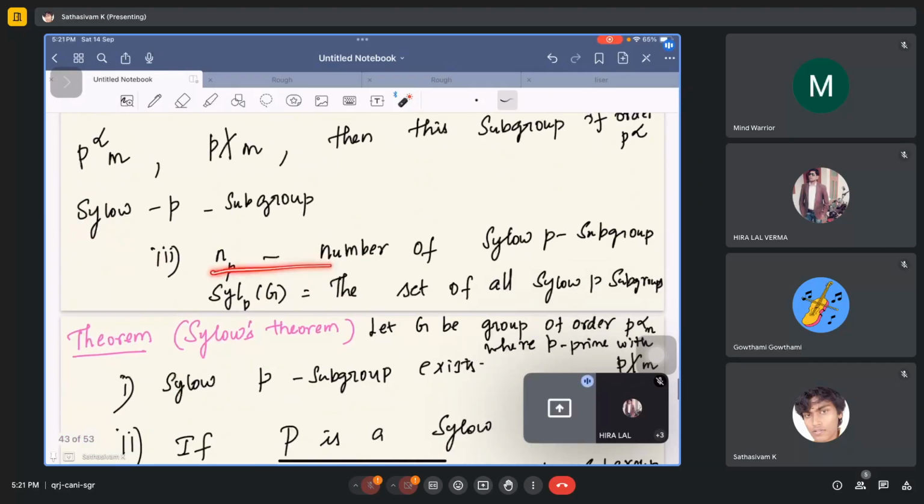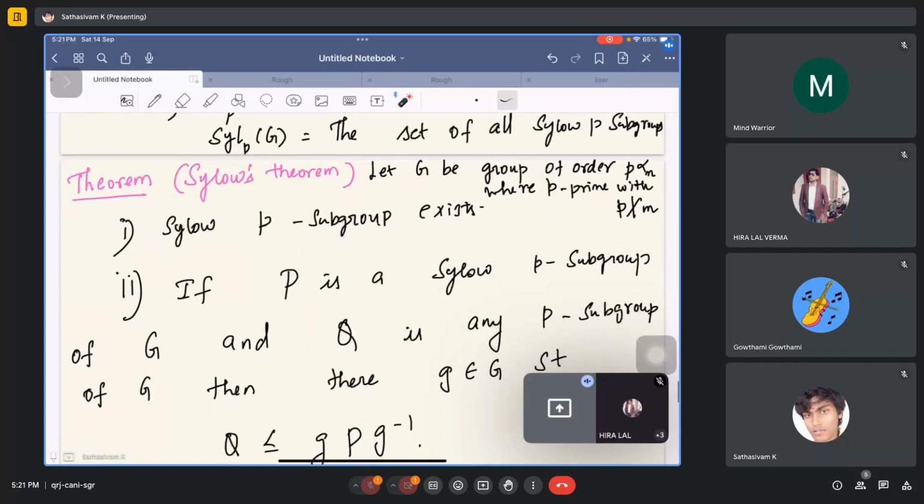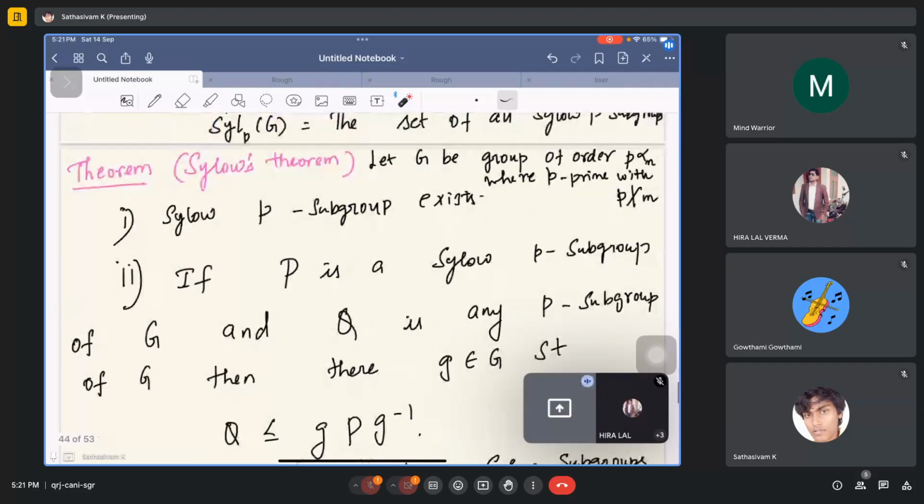The number of Sylow P subgroups we denote by Np. Then we have the Sylow theorem. There are three statements in the theorem: the first theorem, the second theorem, and the third theorem. But I'll put it as a single theorem.